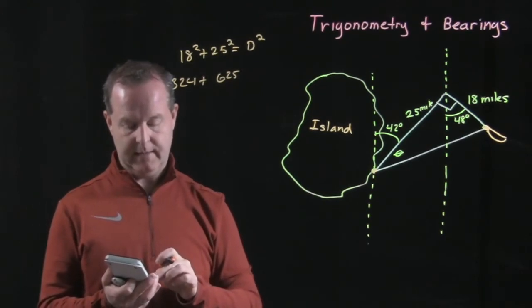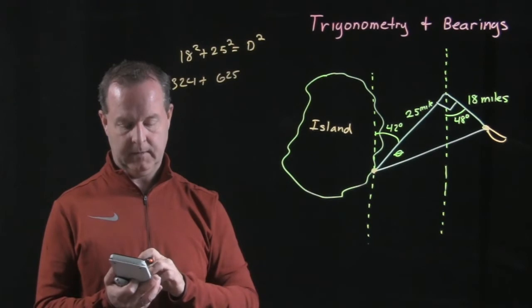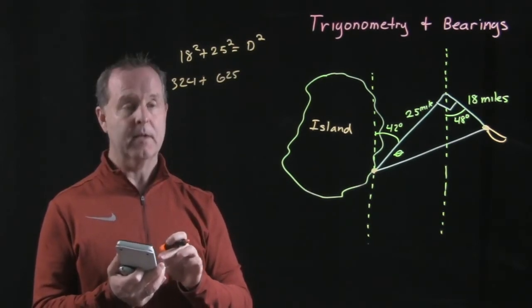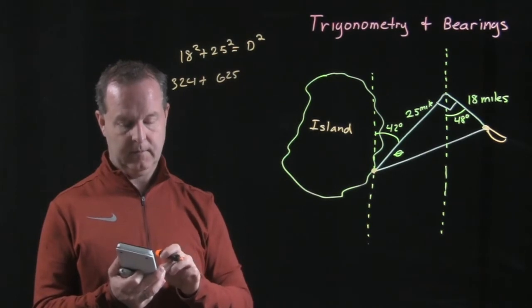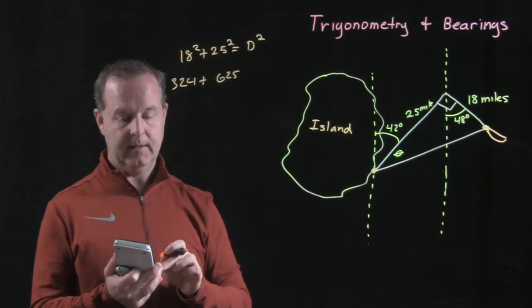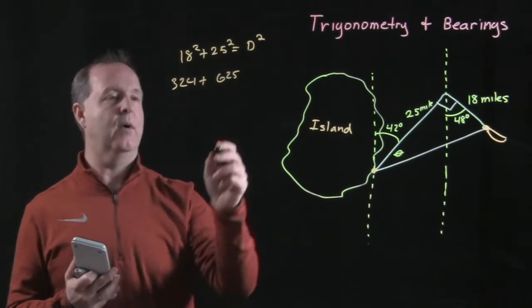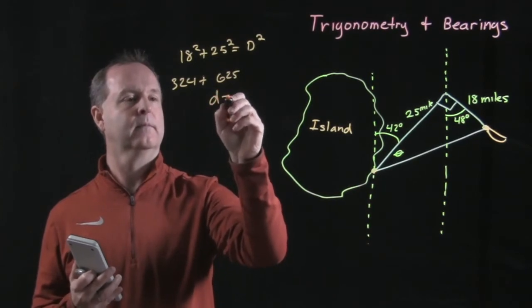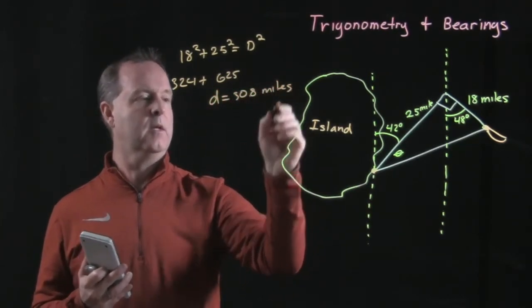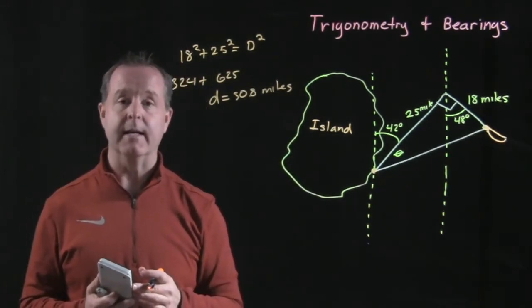So the square root of 324 plus 625 equals roughly 30.8. So it's 30.8 miles. Now we need to figure out what its bearing is.